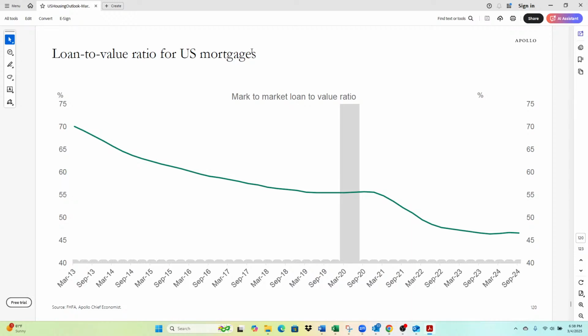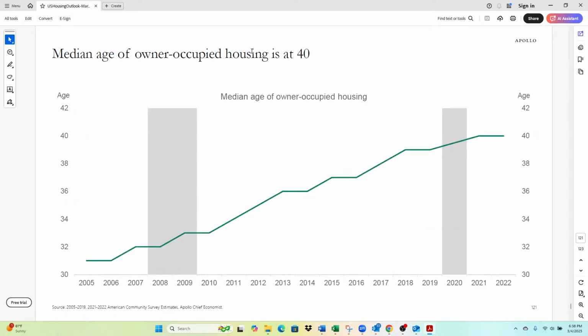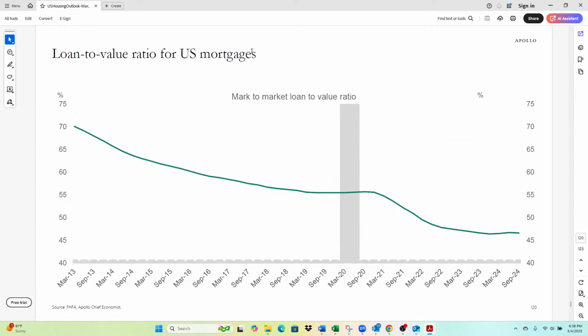Loan to value ratio for U.S. mortgages. Important to know this is mark to market on home values and loans. And so this is where we're getting to the total aggregate loan to value in the United States based on home values is around 47%. So pretty low. By the way, the thing that's really important to understand, because that seems like it contradicts that.